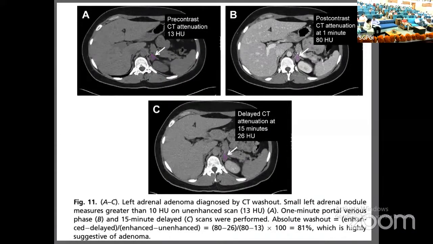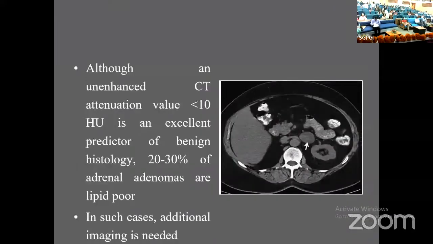Whereas if it's a benign adenoma, the cells can rapidly process the contrast and there will be a washout. So if the absolute washout is more than 50%, it is diagnostic of adenoma. Where washout is less than 50%, it is diagnostic of malignancy.